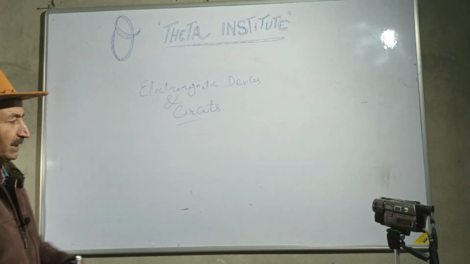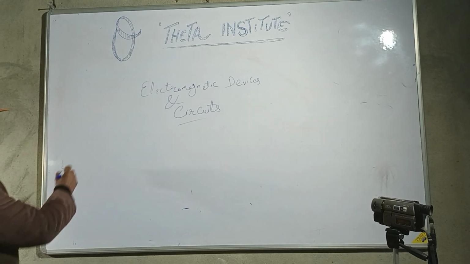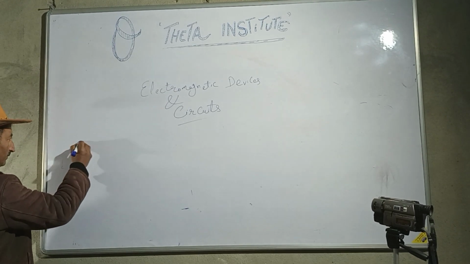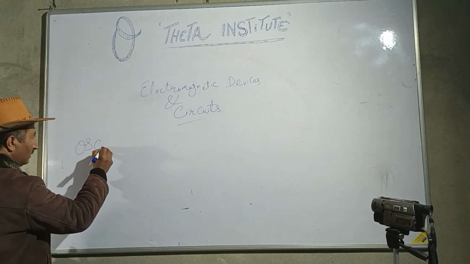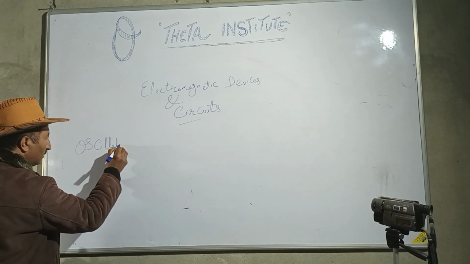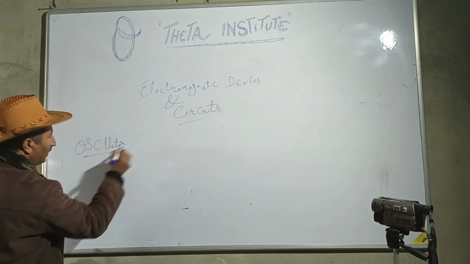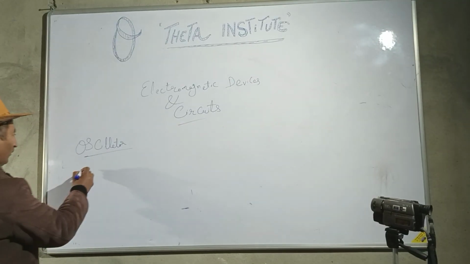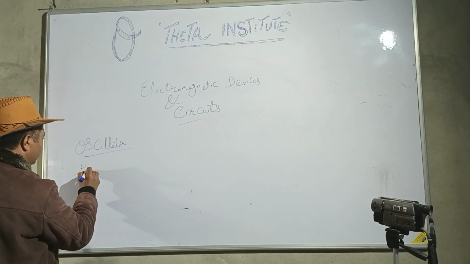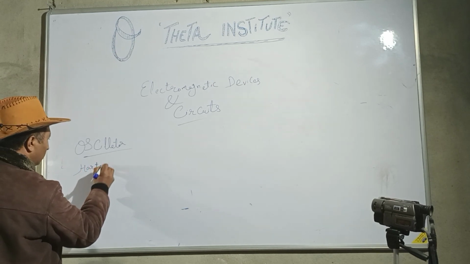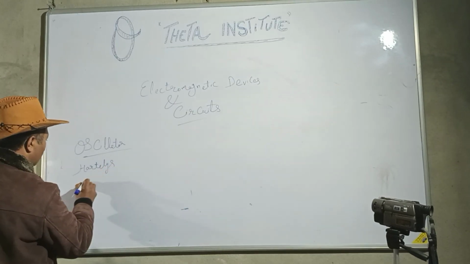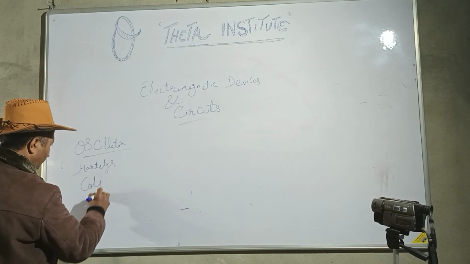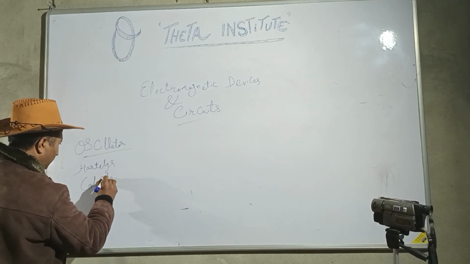Now it is the electromagnetic oscillator. Hartley's, Colpitts, there are so many oscillators. For example, Hartley's oscillator, Colpitts oscillator.